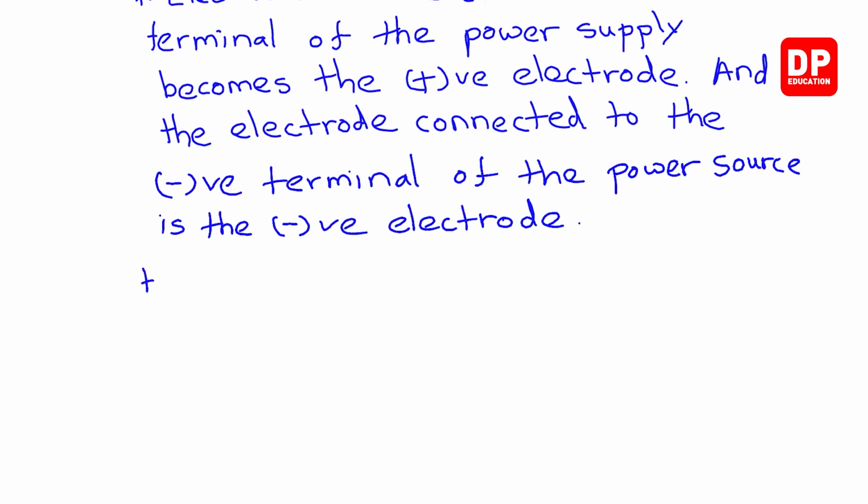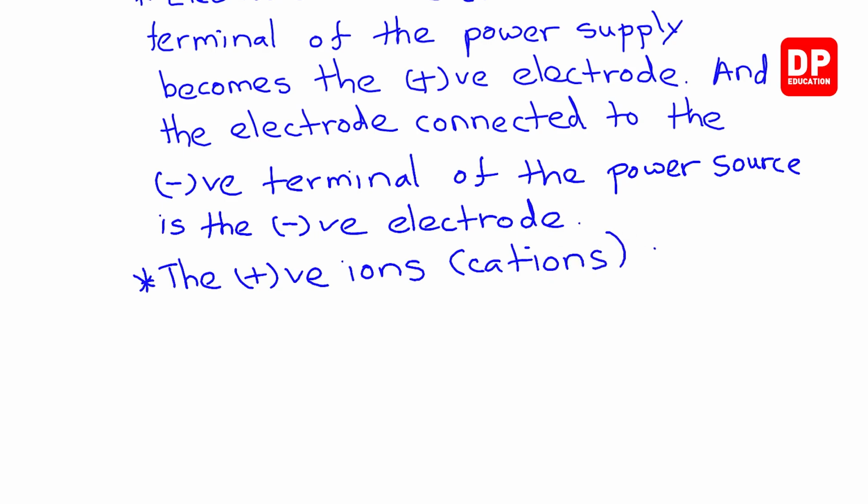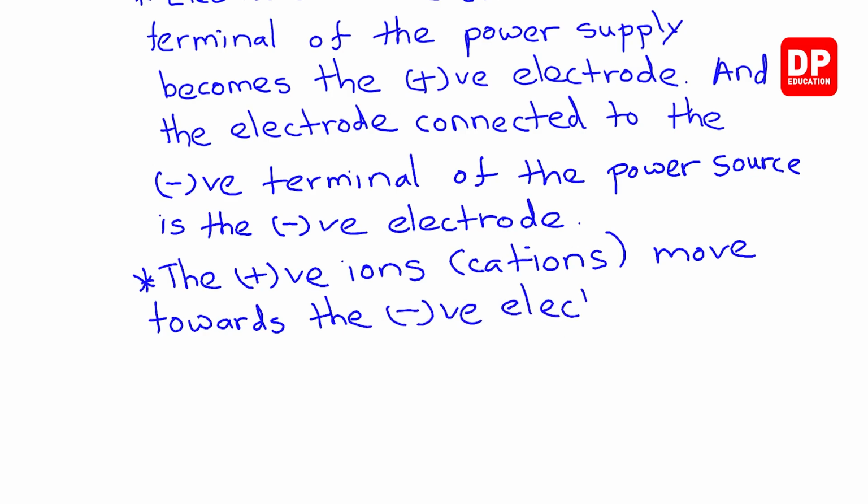Then what happens? The positive ions or the cations in the electrolyte solution move towards the negative electrode.